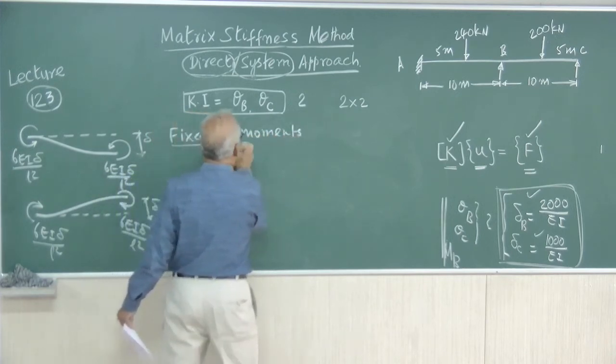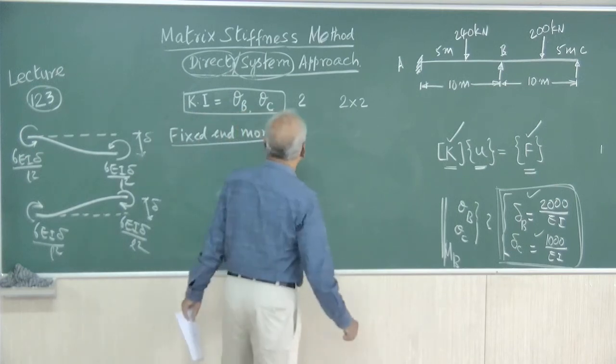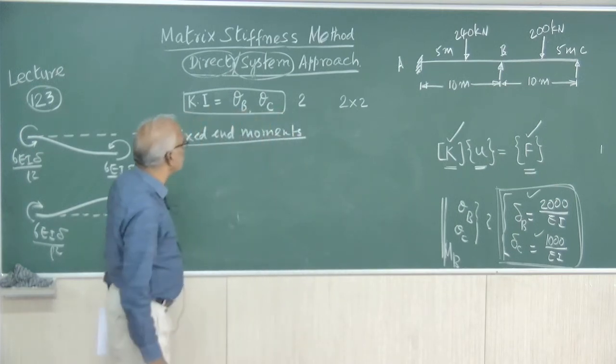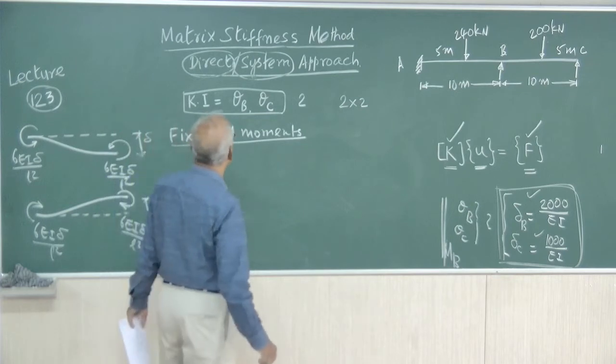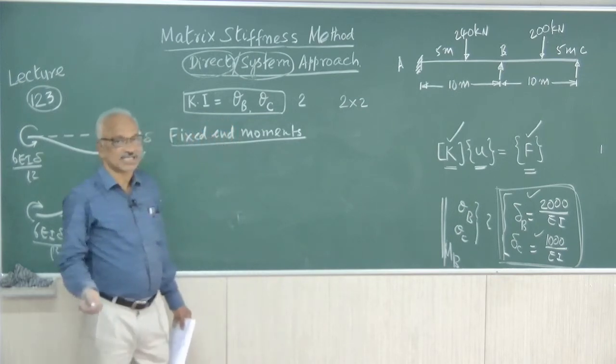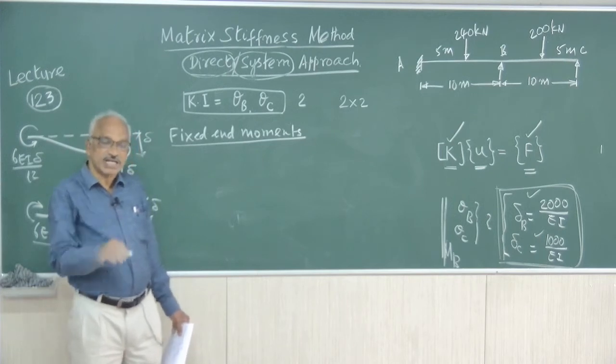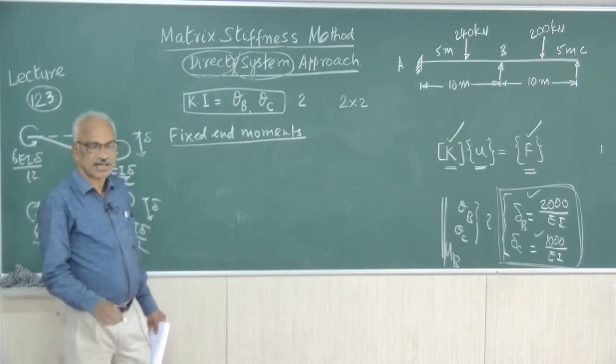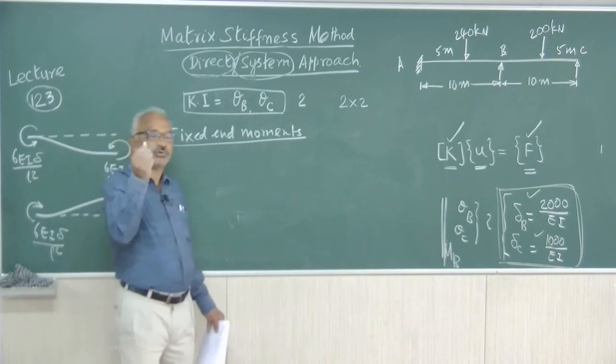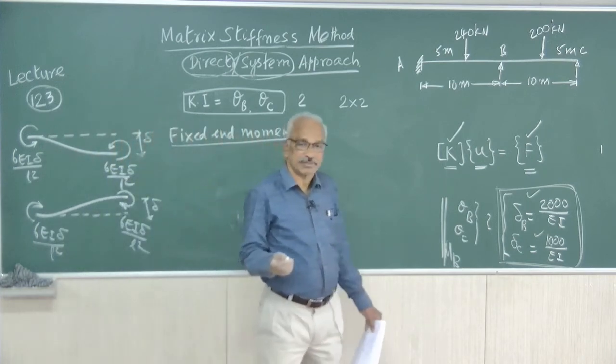Before finding the fixed end moments, first we have to get the constrained structure or kinematically determinate structure, like we do in the matrix flexibility method.